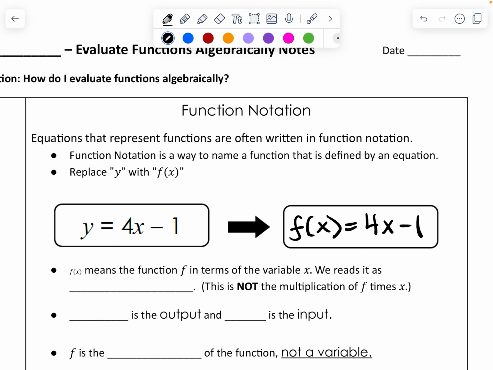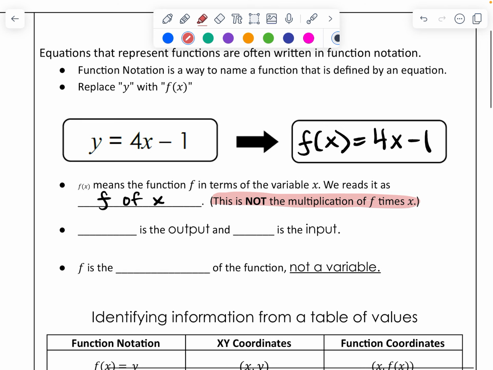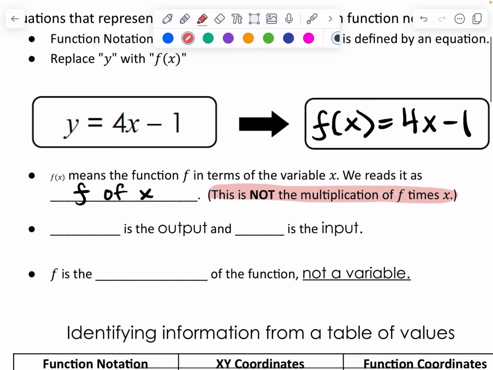F of x means the function of f in terms of the variable x. We read it as f of x. This is not the multiplication of f times x, so don't get that confused. F is not a variable in this scenario. F is the name of the function.